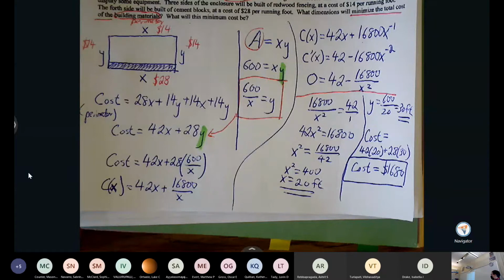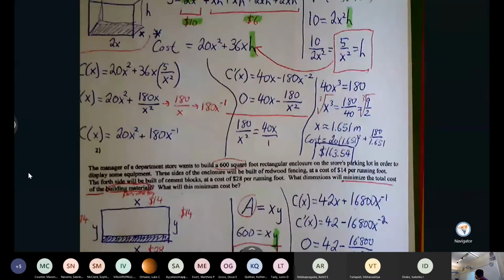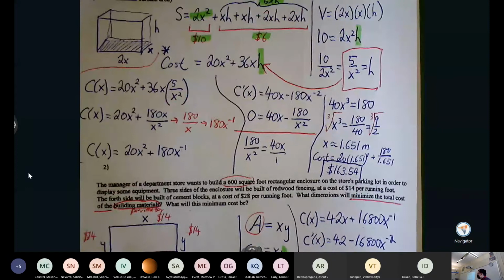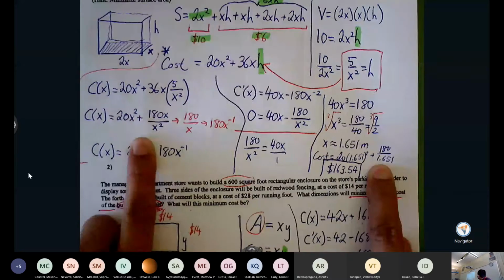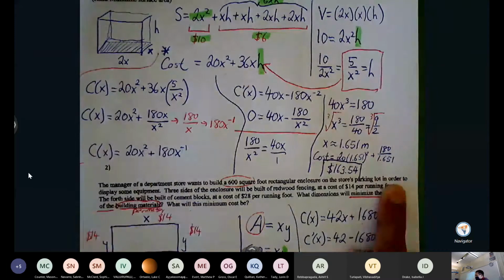Okay, questions there? Can you scroll back up to the first one? Yeah. I think I used this equation to build my cost. Oh, that should be squared.